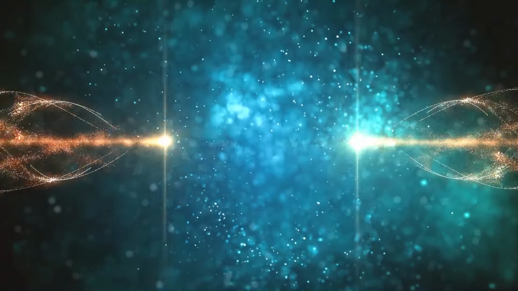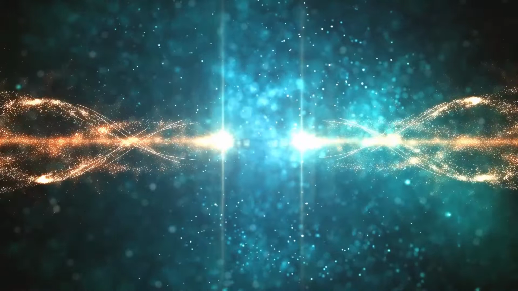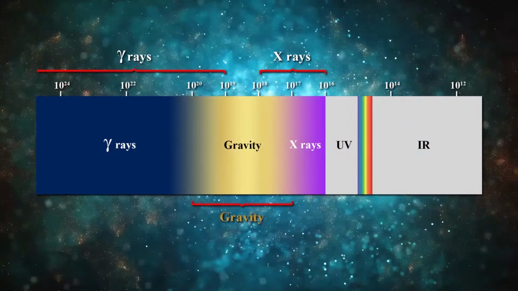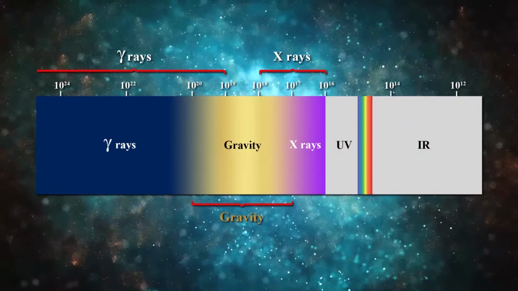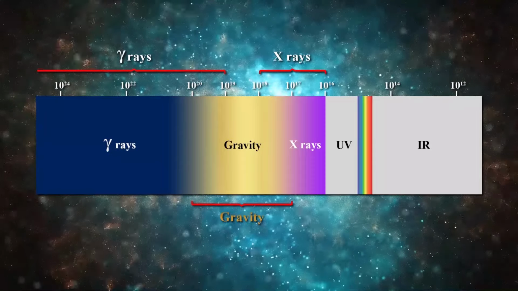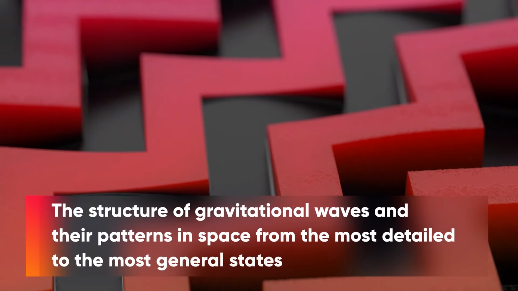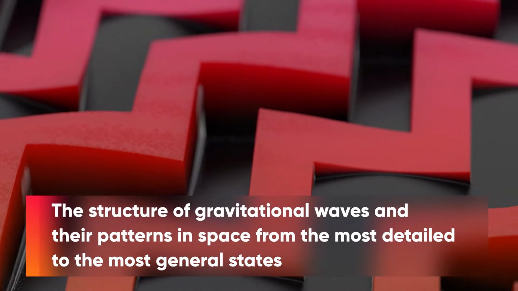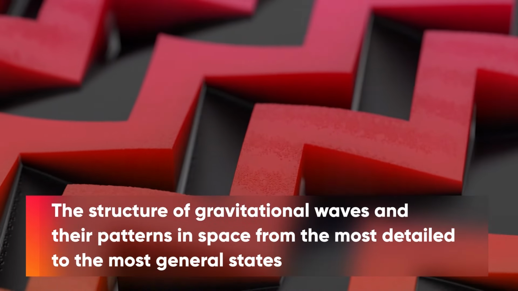According to the results, the position of gravitational waves in the electromagnetic wave spectrum will be as follows. The structure of gravitational waves and their patterns in space, from the most detailed to the most general states.